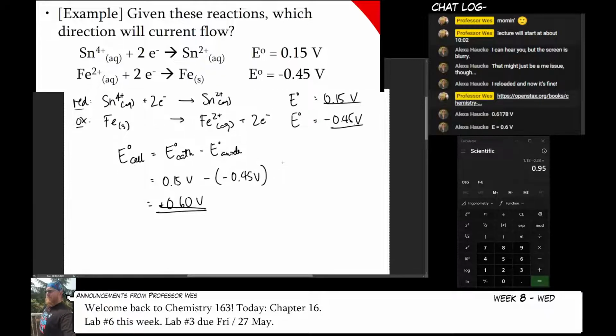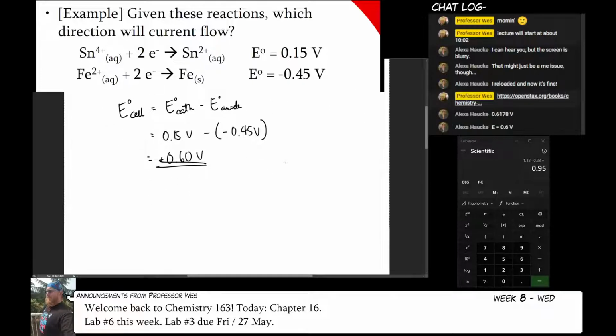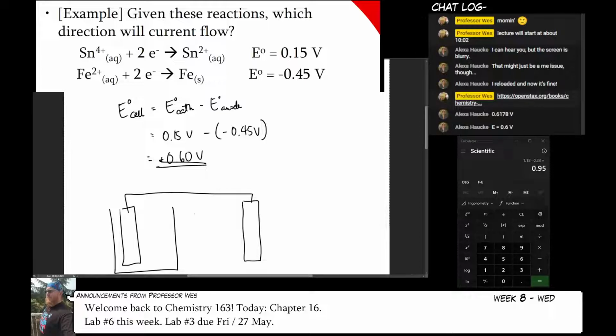And if I was going to draw a picture of this, it would look like... So we got our electrode. Solution. Salt bridge. All right, this is the anode.